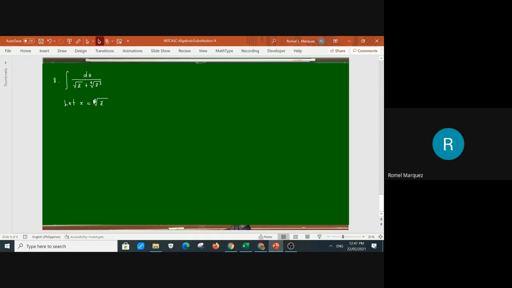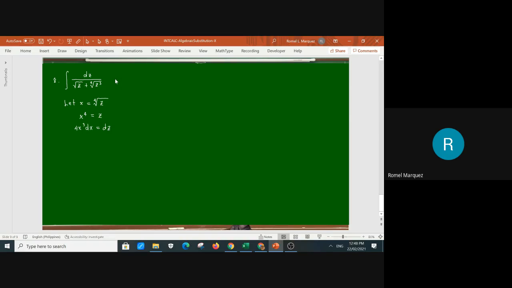And then the least common multiple is 4. So in that way, once we get the square root later, the exponent of x is an integer. So raise to 4 each side, x to the 4th. Then the right side is simply z. So getting 4x cubed dx. And on the right side, we have dz.